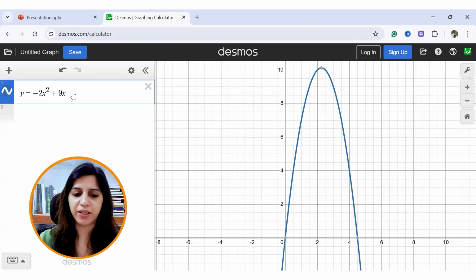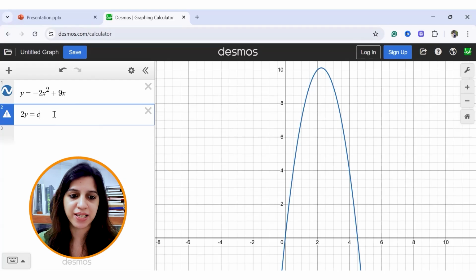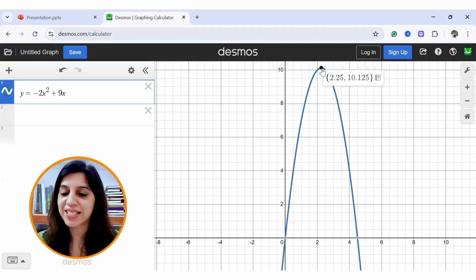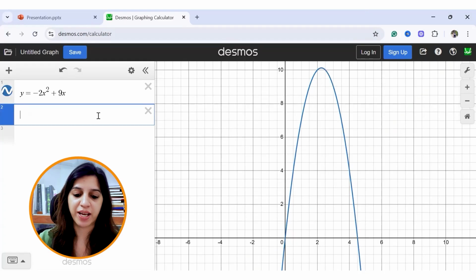I can do it from here also directly. I can put the equation of 2y is equal to the line that they've given precisely, and I'll add a slider for y. So the vertex is 10.125, which means C by 2 is 10.125.